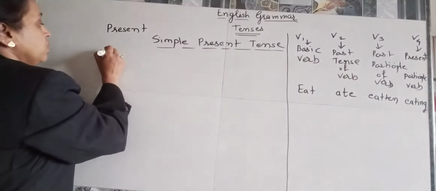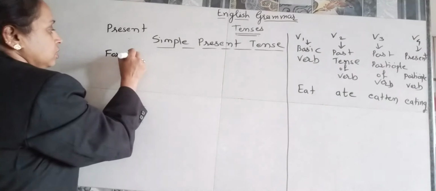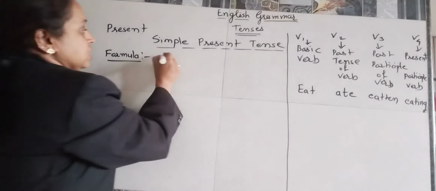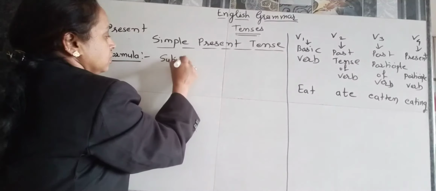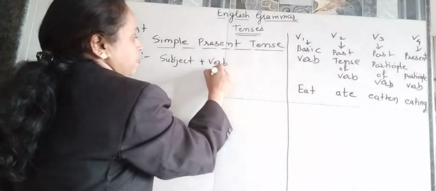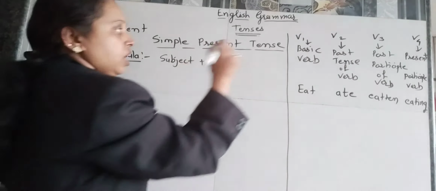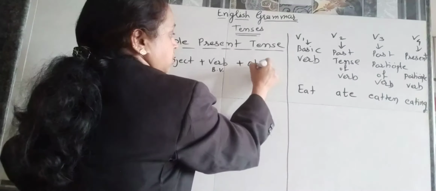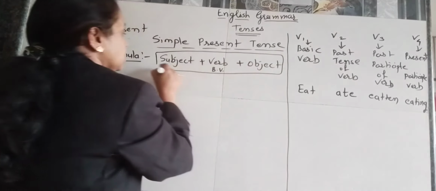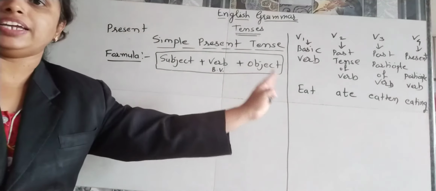So what will be the formula of the simple present tense? It is subject plus verb, obviously the basic verb, and object. This is the formula of the simple present tense.